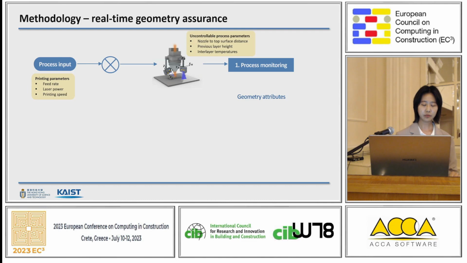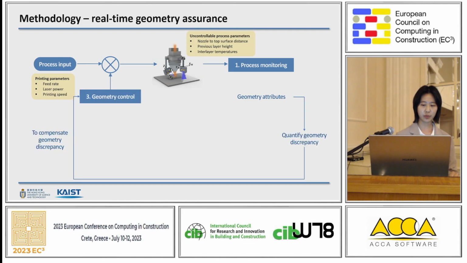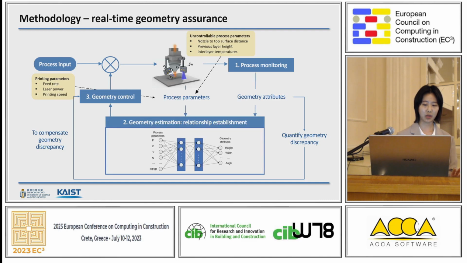And then with the geometry attributes, we can quantify the geometry discrepancy. For such discrepancy, we need to compensate through geometry control, which is to adjust the printing parameters. And to know what value we should adjust, we need to establish the relationship between process parameters and geometry attributes, which is the geometry estimation task.